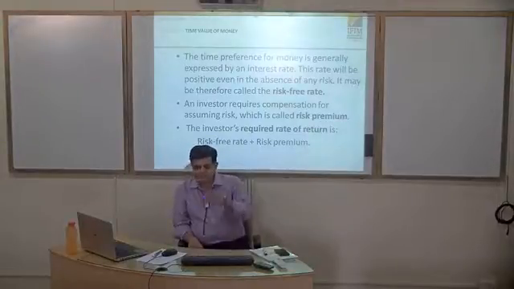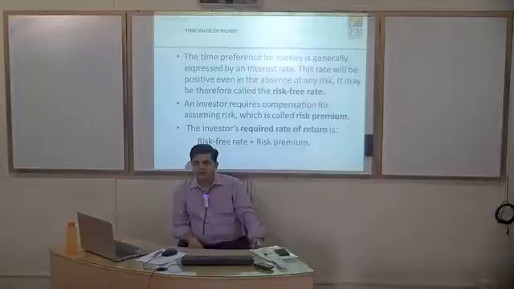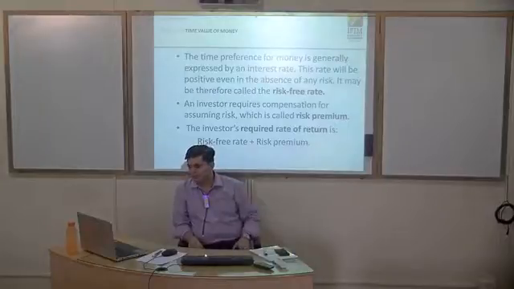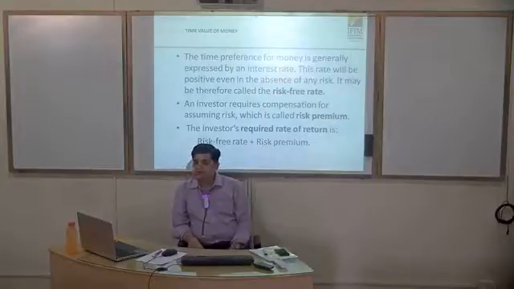That means the investment that I am trying to make is getting me some interest, but the returns are absolutely risk-free. So that's the risk-free rate. And an investor requires compensation for the kind of risk that he assumes, which is called risk premium.